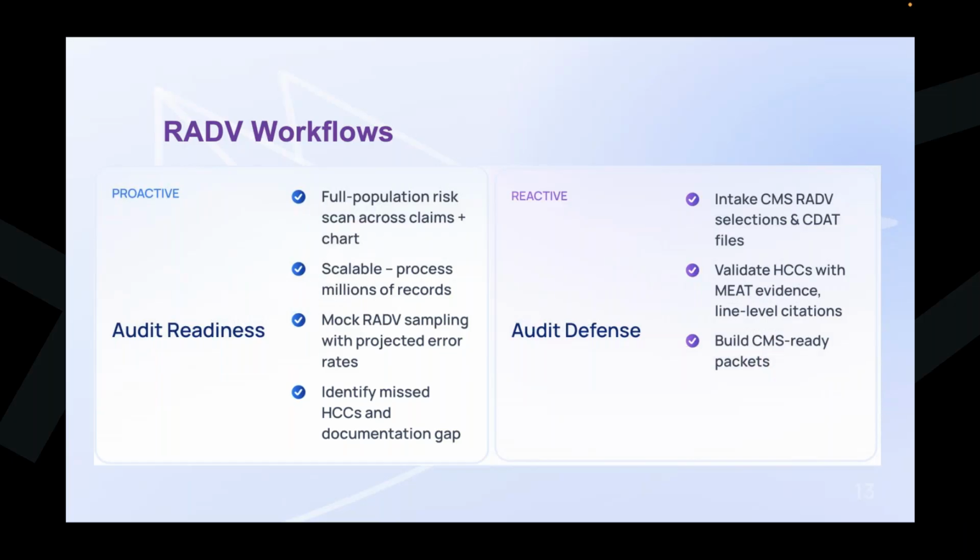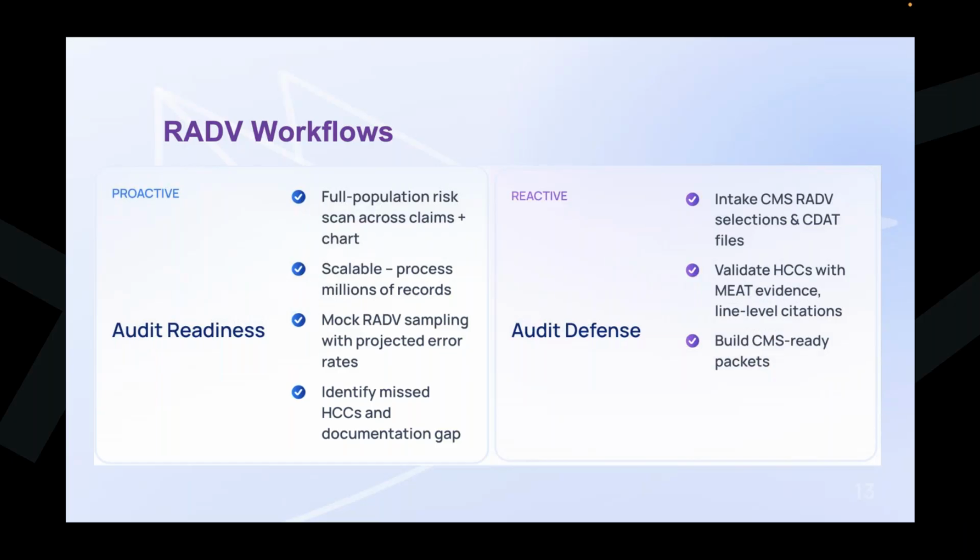So you just run it through your entire population just before you're submitting to CMS, and you can run multiple runs. For example, you do one run and you see tons of issues, so you check why. This is what we call mock RADV sampling. You can run it through your entire population to see what error rate you have in your submissions.